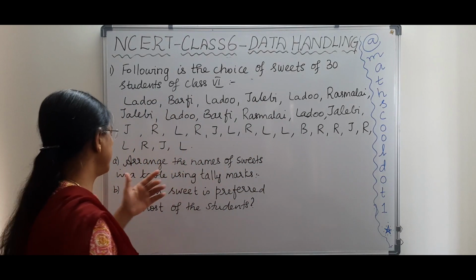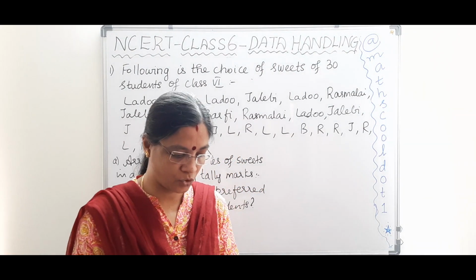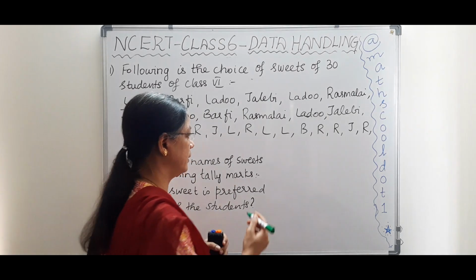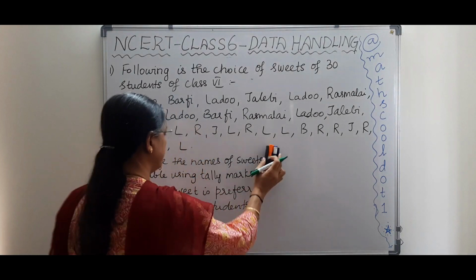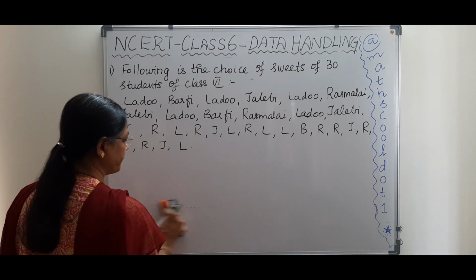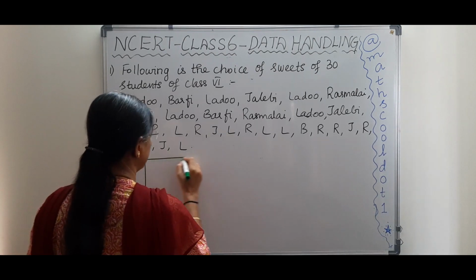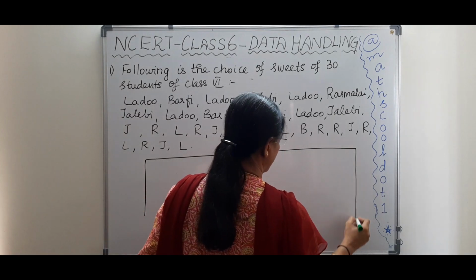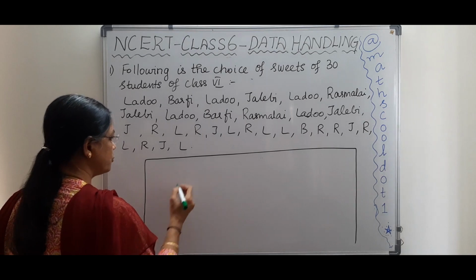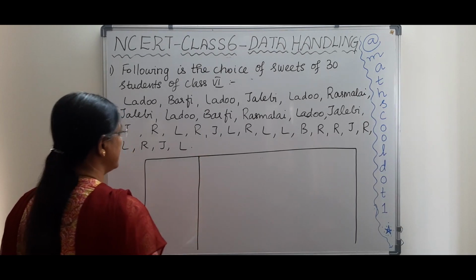So arrange the names of sweets in a table using tally marks. Now using tally marks, we need to arrange the information we have got in a table. How do we do that? First we'll name the columns. Okay, so this is a table for the given 30 students, and I am going to do tally marks for the sweets given.